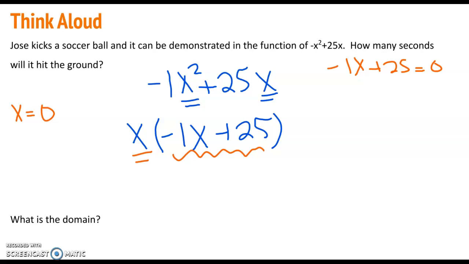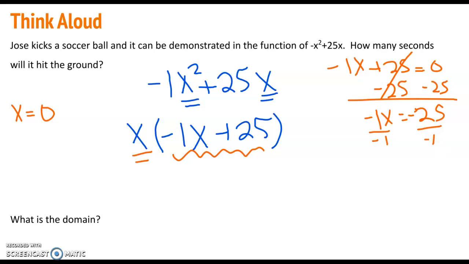I'm going to be solving for x again. I always start with my constants first. I need to get rid of that negative 1, so I need to divide. So I could say that x is equal to 25.